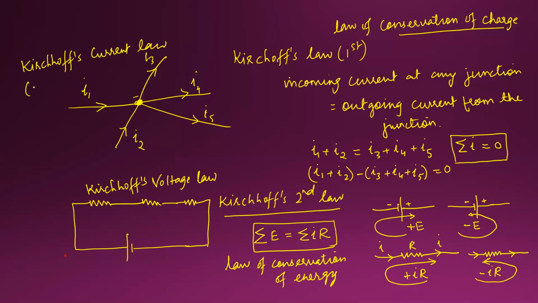In short, it is called KCL, whereas this is called KVL. While applying these laws, first we have to use Kirchhoff's first law for the direction of the flow of current, and after that, for making the equations, we have to use Kirchhoff's voltage law. This we studied in our previous video.